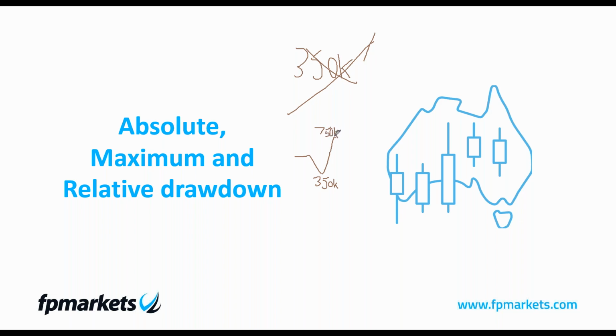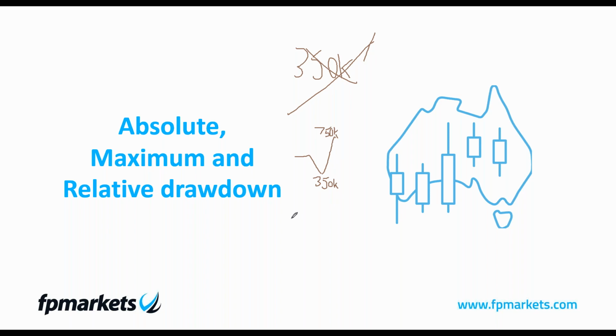So the peak is 750K, the trough is 350K. All we do is subtract these two values and divide by the peak of 750,000, which I think gives us a 53% maximum drawdown. Let me just work this out really quickly.